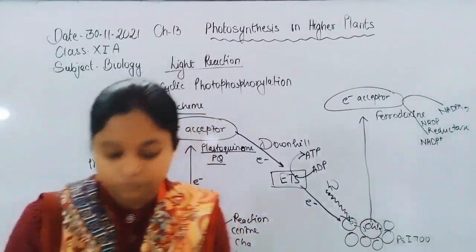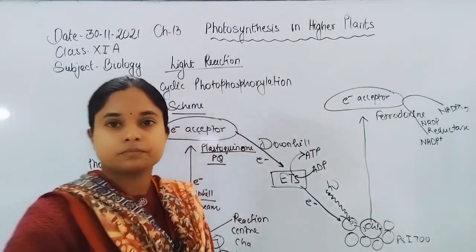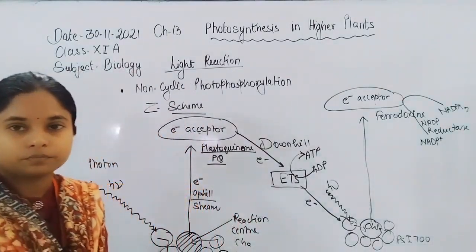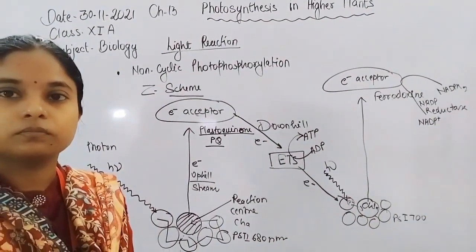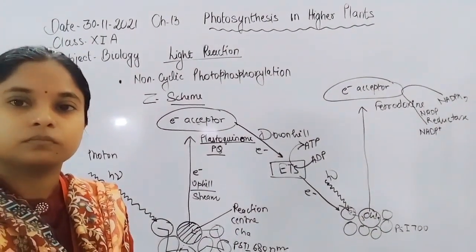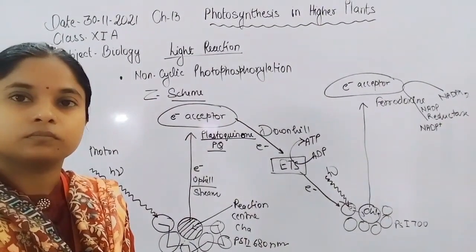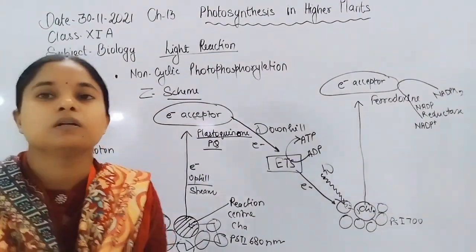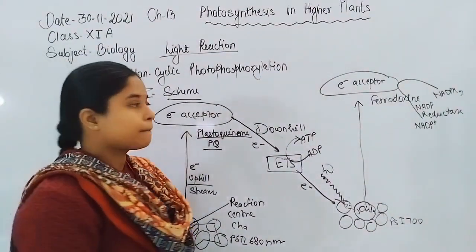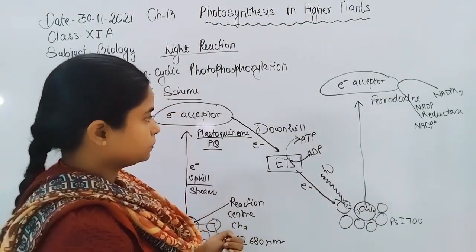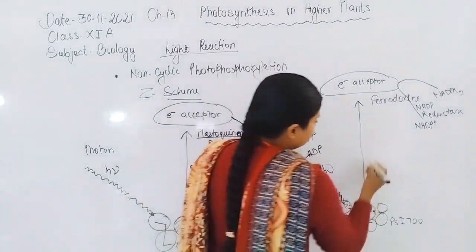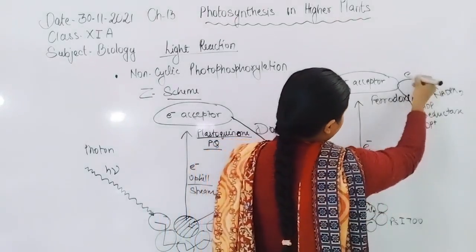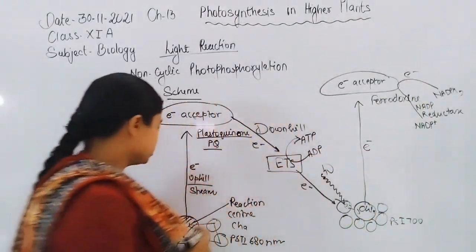So again the electron moves in an uphill manner, then in a downhill manner to form NADPH2.